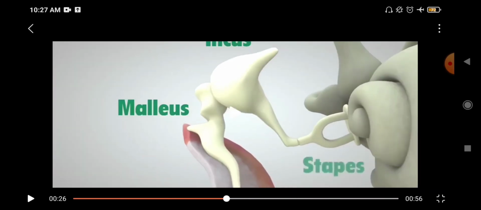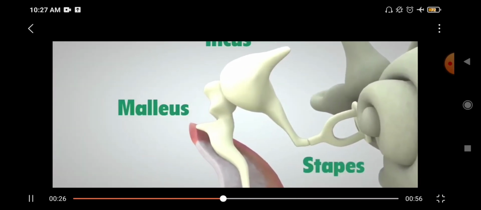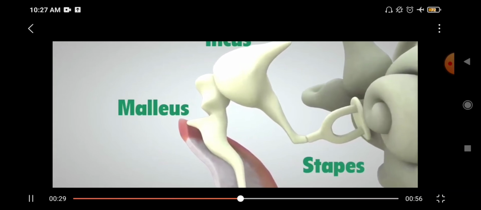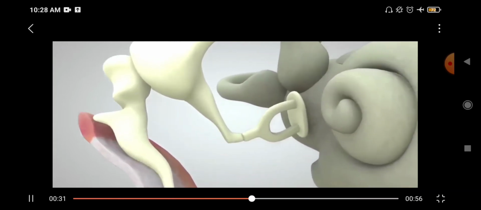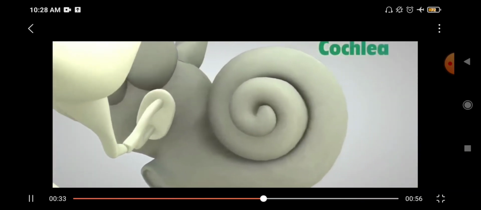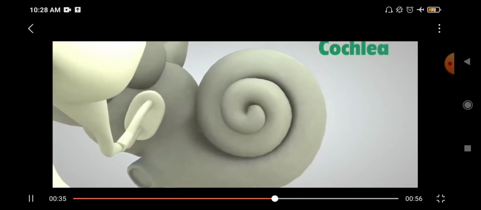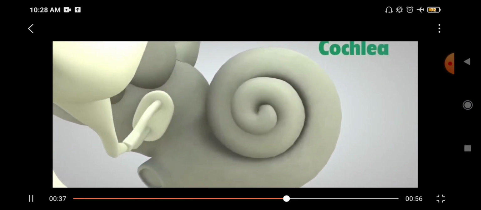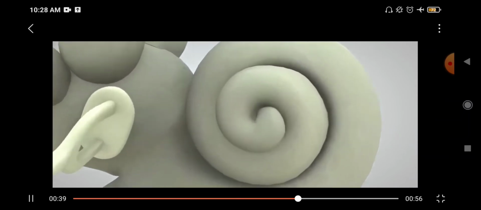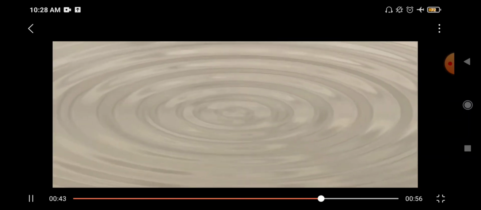When the bones amplify the vibration of the eardrum, this sends the vibrations to the cochlea, which is filled with liquid, and there the liquid in the cochlea will show these wave-like structures or vibrations.